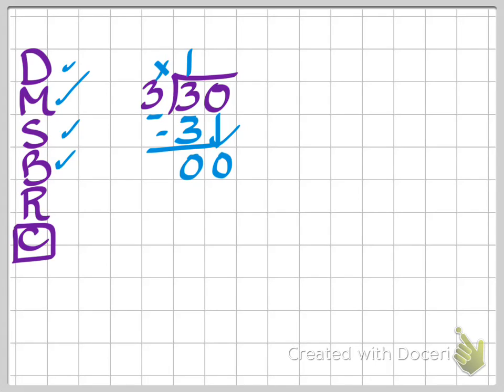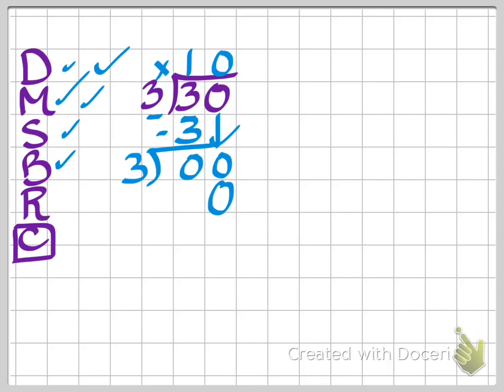Well, let's see. You might think that you're finished, but you're not, because you have this big open space right there that you need to fill. So we are not finished yet. So you have to repeat. So you have to divide. I know it sounds silly, but you do. And you have to do it all over again. So divide. How many times does 3 go into 0? And that would be 0. Check. Now you have to multiply. 0 times 3 equals 0.